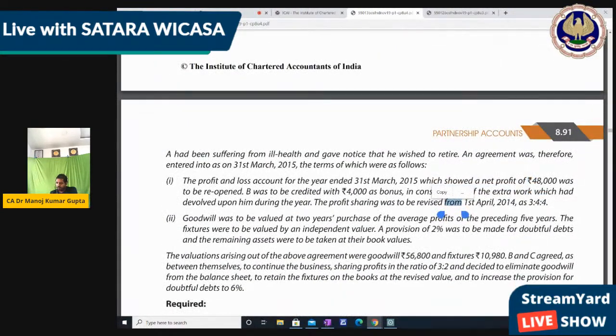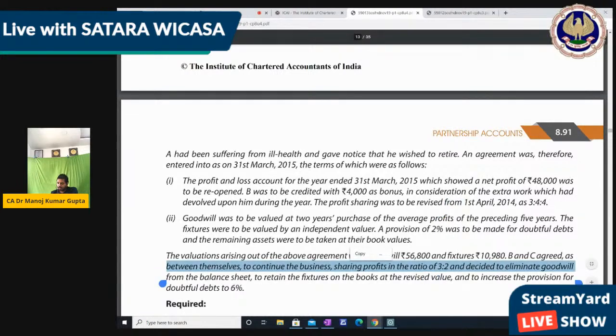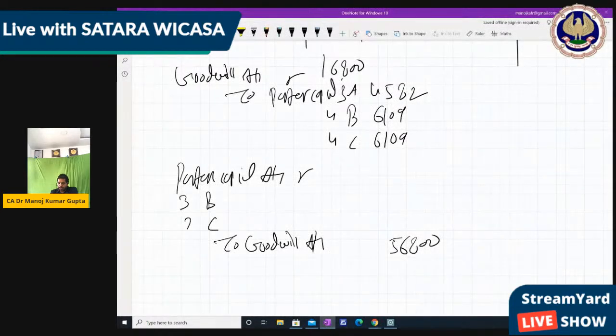They agree to leave 3:2, new ratio, right? So indirectly we are raising the goodwill, but in this case goodwill is already raised 40,000, so 16,800 is the new amount which we are to raise. But write off, we want the entire 56,800 by the remaining partners, that is B and C, right?